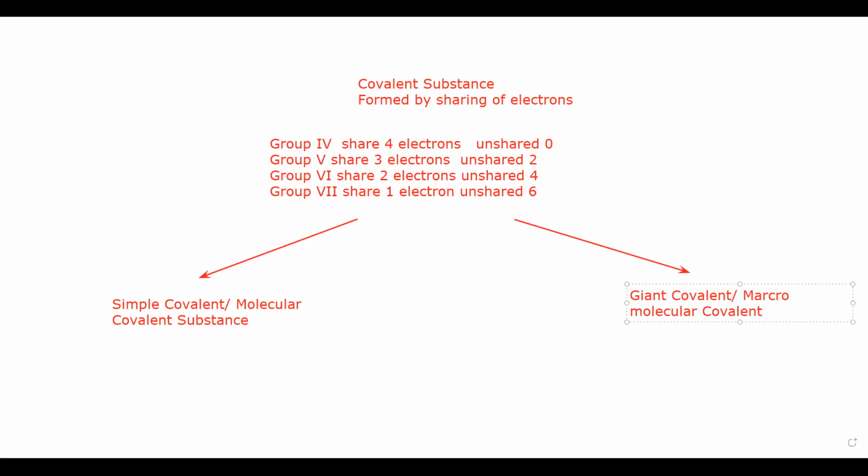So what is the difference between both? Both have the covalent bond, both have the sharing of electrons, but what will be the difference in their structure? In a simple covalent or molecular covalent substance, there are finite atoms. Finite means a fixed number of atoms are there in the structure.